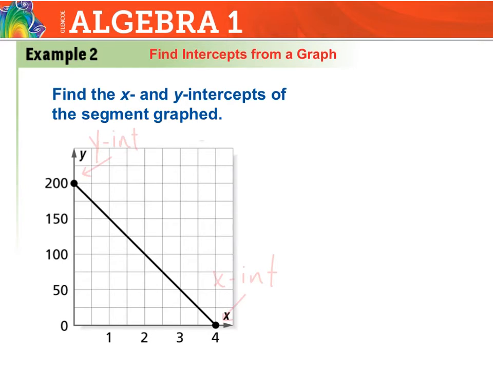So let's work on our x-intercept first. What is that ordered pair? I would say that's the ordered pair 4, 0. That's where the line crosses the x-axis, at that point right there, 4, 0.